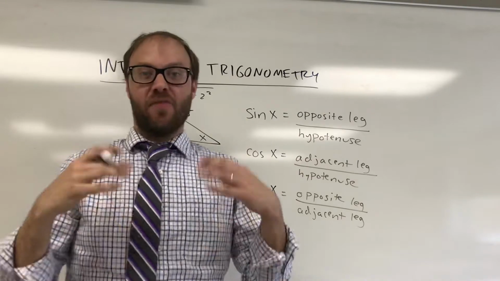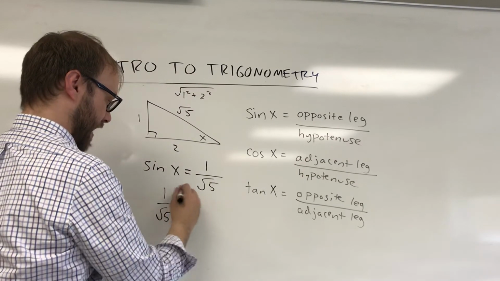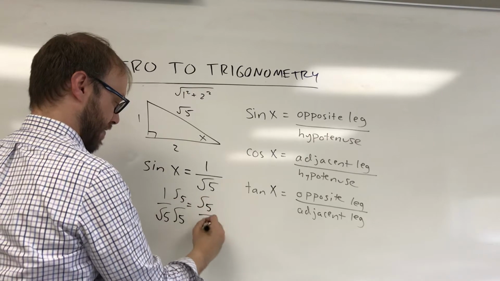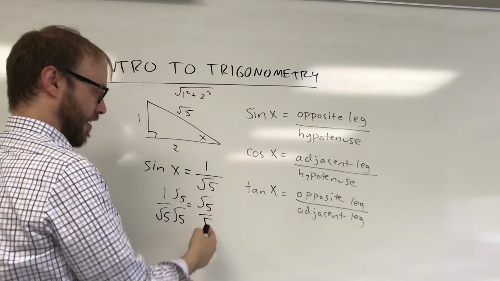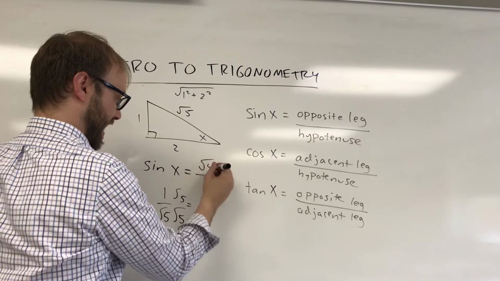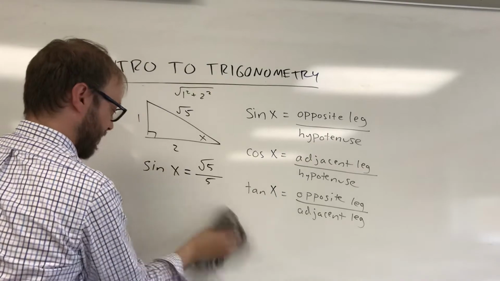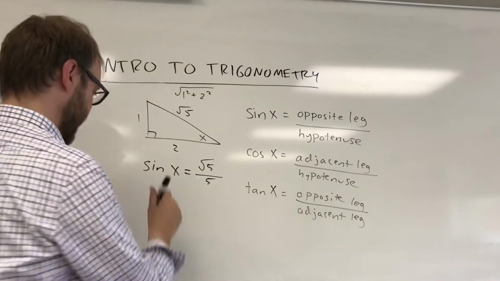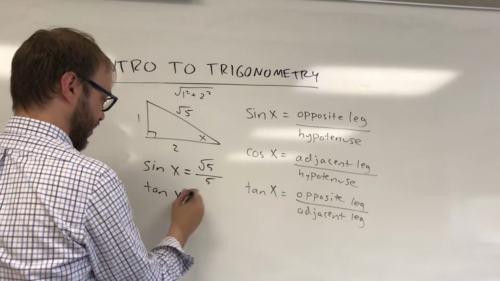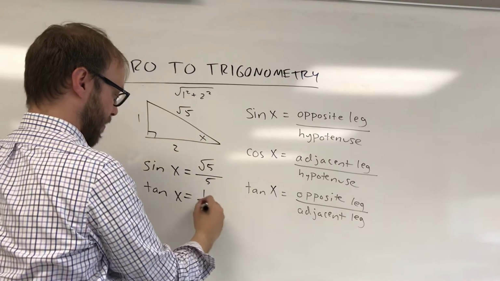You should rationalize your denominator. 1 over radical 5, we can multiply top and bottom by radical 5. That's going to be radical 5 over 5. Be careful, a whole number does not divide into a radical, so it just stays radical 5 over 5. If I wanted to find the tangent of angle x, that would be the opposite over the adjacent leg. That'd be 1/2.